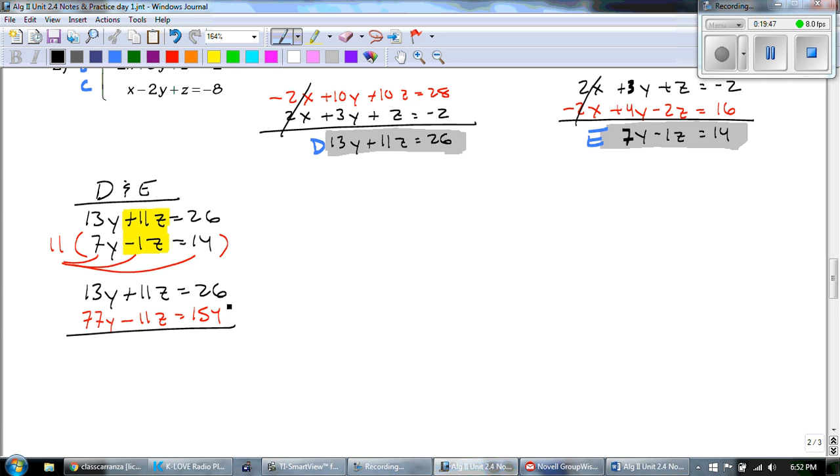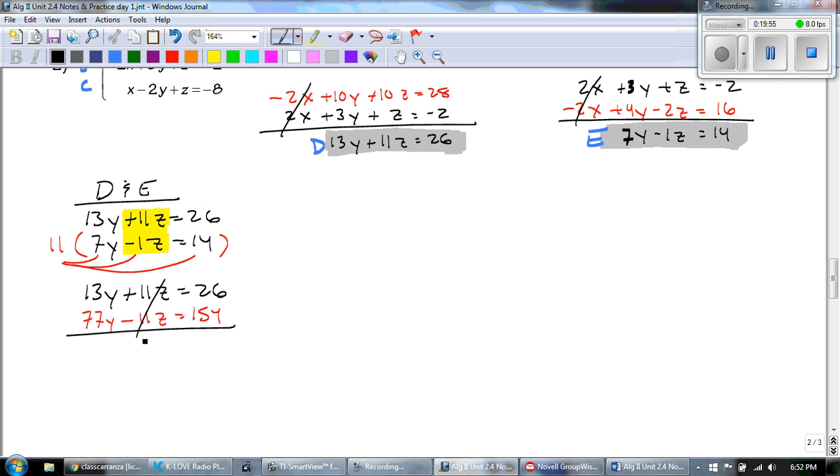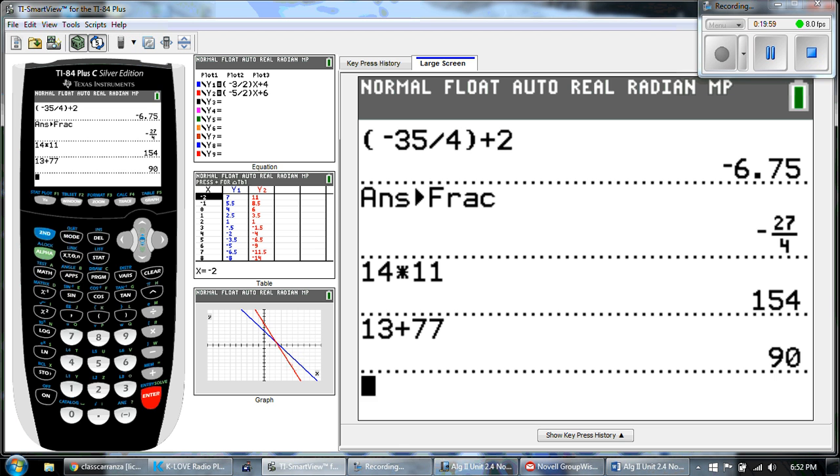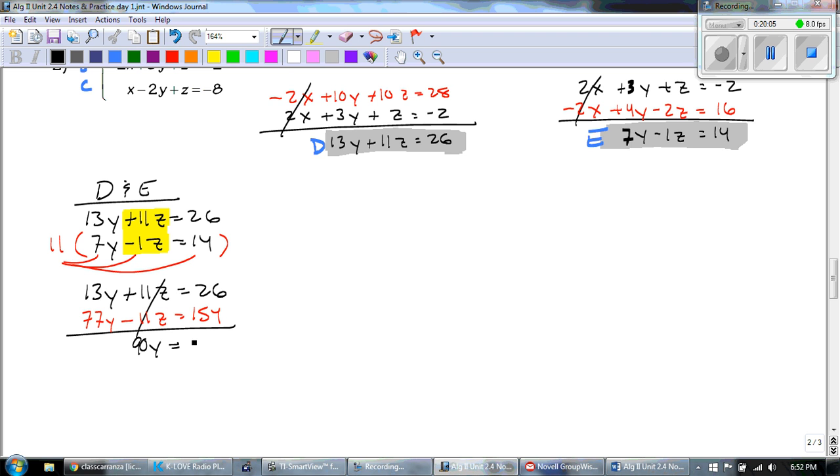Okay, now our z's cancel. I need 13 plus 77, and we get 90. So we have 90y equals 26 plus 154, and we get 180. Oh, this is going to come out nice. Okay, and when you divide by 90 to both sides, we get that, yeah, y equals 2.